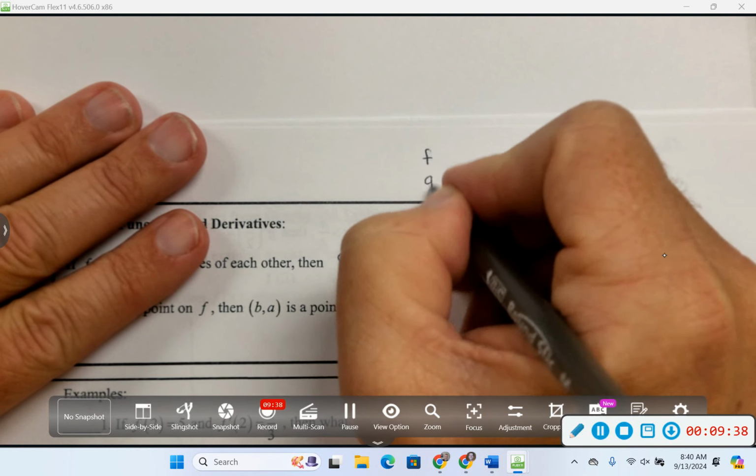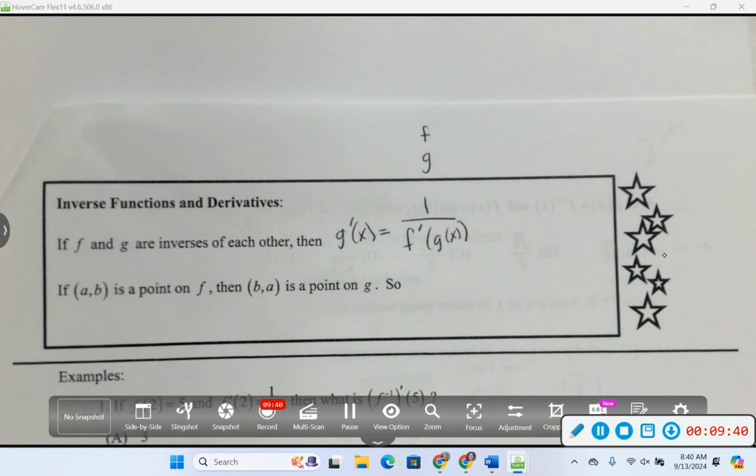Let's make a table. I discovered this a few years ago. It helps me make sense of these problems, because 3 weeks later or a month later when there's a review question on a test, you're like, oh man, I don't remember the reciprocal. You remember that it's a reciprocal, but you can't remember what goes where.